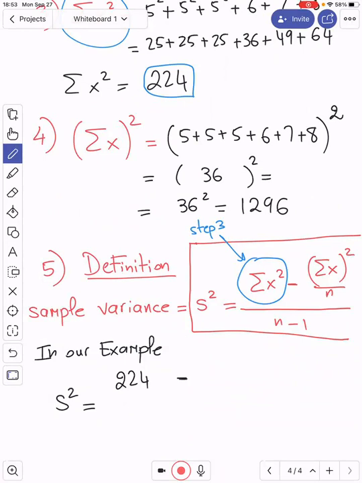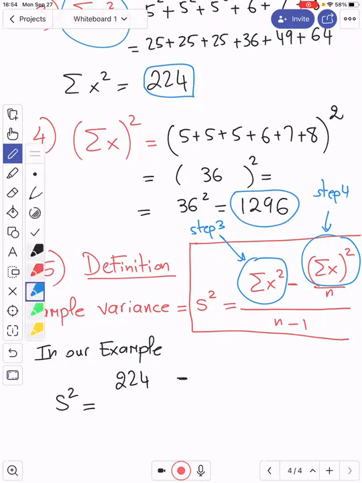Minus, now we have a fraction. We have the sum of the data values, squared. This is what we had in step number 4, this thing here, the top. In step 4, we had 1296.